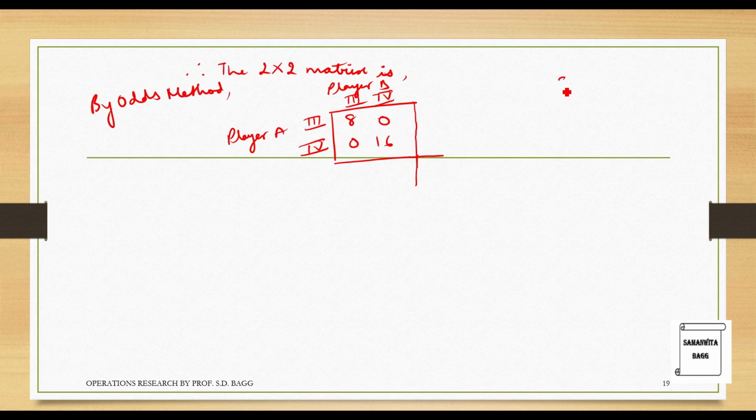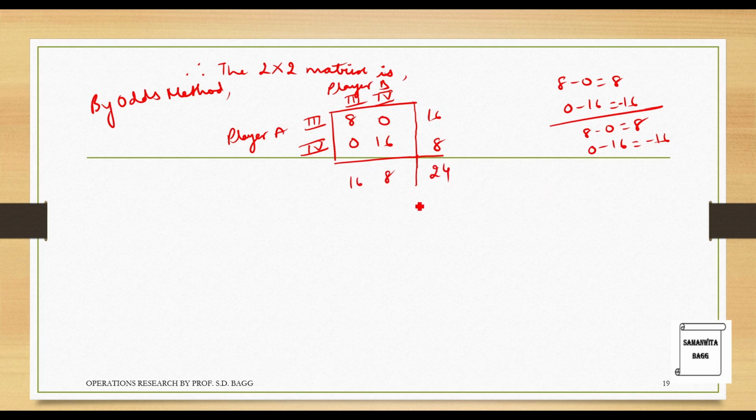What I get is 8 minus 0 is 8 and 0 minus 16 is 16. So here I'll get 8 minus 0 is 8 and again 0 minus 16 is minus 16, which becomes 16 here. Summation is 24. So therefore the value of game is 24.